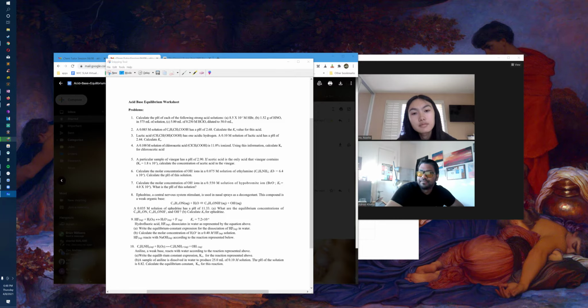And so we have to find pH. So the next step, pH is negative log of H plus. So it'll be negative log of 0.0419.